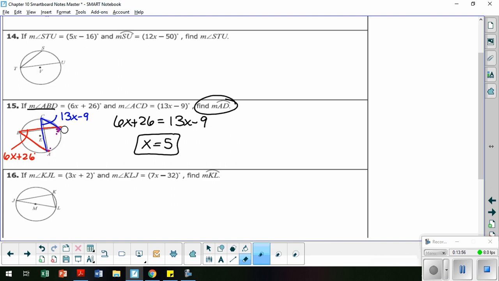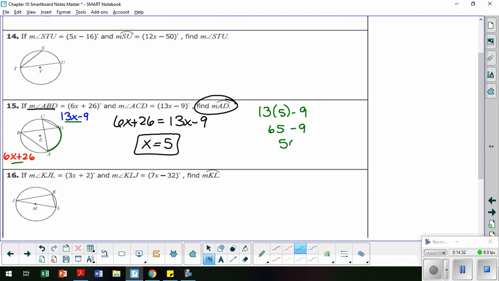So if we plug it into one of them, it doesn't matter, I'm going to choose the 13 times the 5 minus the 9, which gives me 65 minus 9, 56.